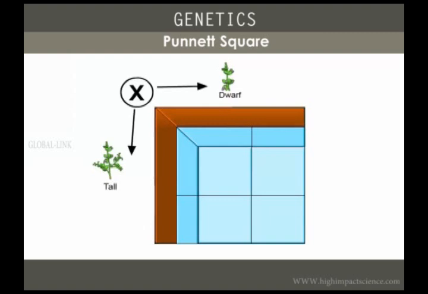For Mendel's experiments in the F1 generation, Mendel crossed a homozygous dominant, that is capital T, capital T parent, with a homozygous recessive, that is small t, small t parent. The gametes produced by the 2 parents are written on the 2 sides of the square, and the capital T, small t progeny produced by the fertilization of the gametes are written within the square.